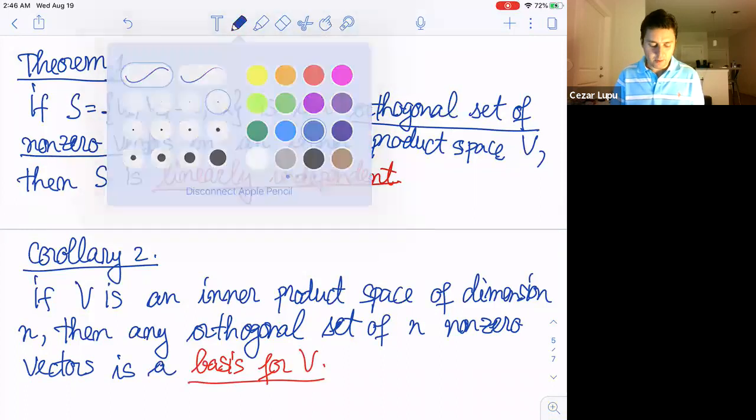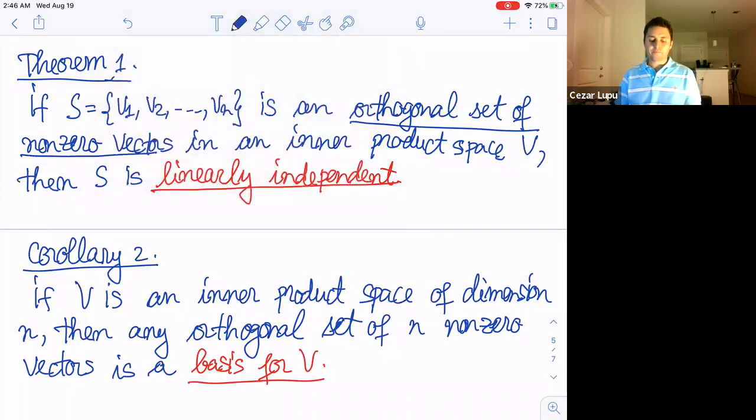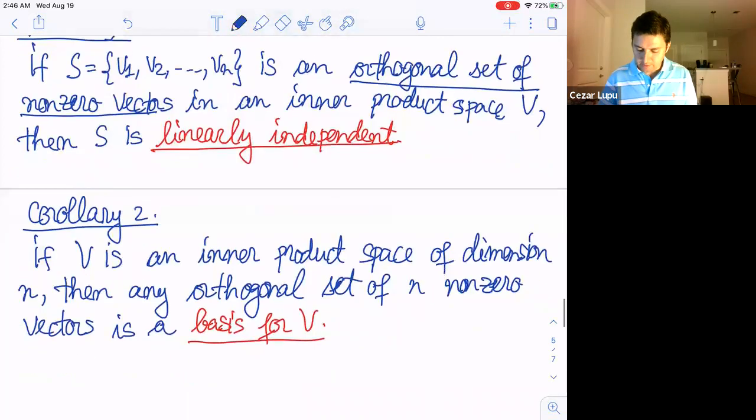Anyway, this follows immediately. And now we want to use orthogonality to test for a basis. And now let's see another example.